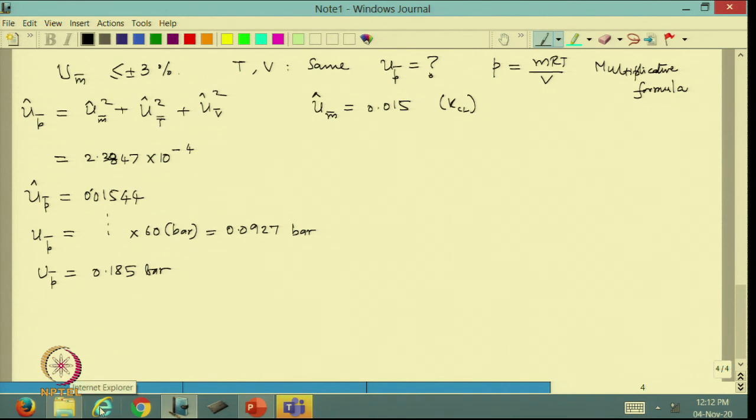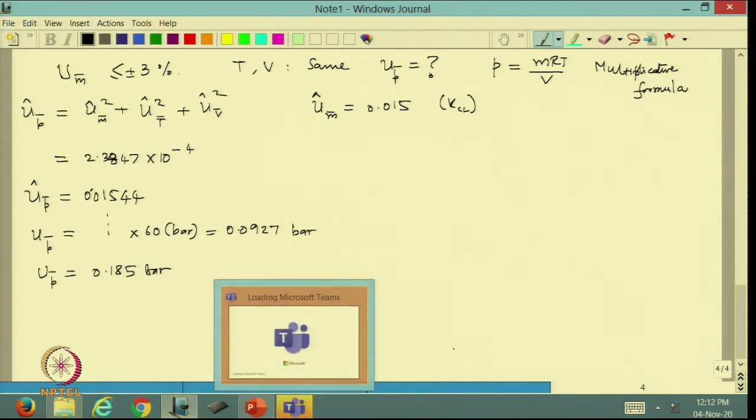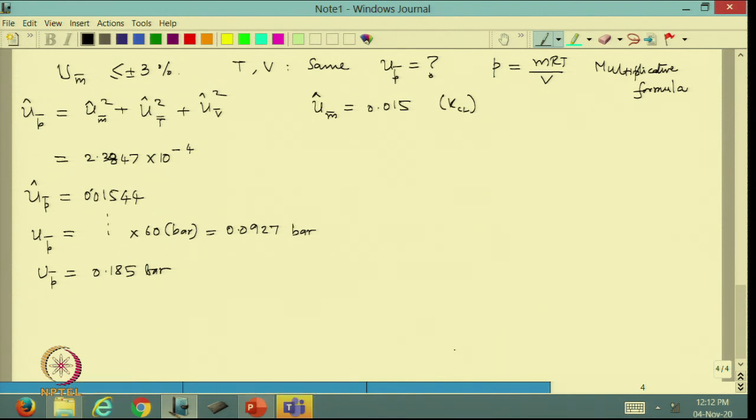So, you may think we got the answer, but we have done a big mistake. We have used this relation, and in this, what we have done is that P is on the left side, but remember P is a measurand.